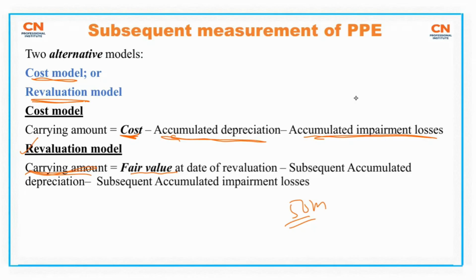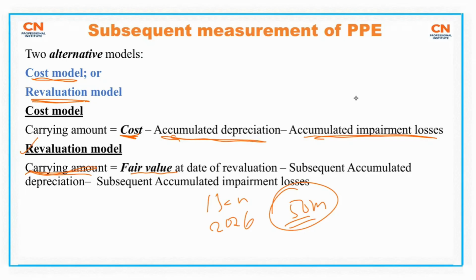So let's say you did a revaluation on 1st January 2026. If you do the revaluation on 1st January 2026, all right, and it's 50 million, then the 50 million becomes the new cost, in quote. And therefore, you deduct depreciation or accumulated impairment losses from January going forward.